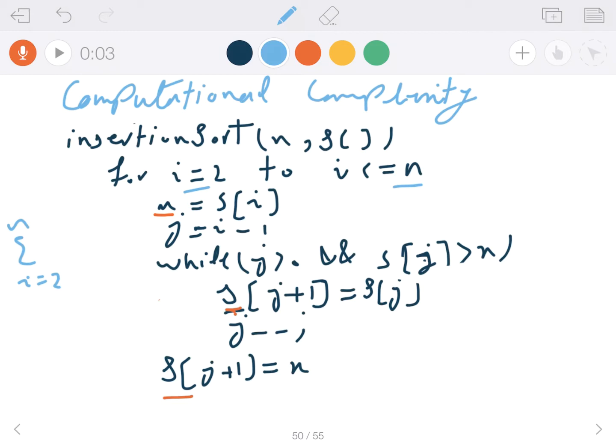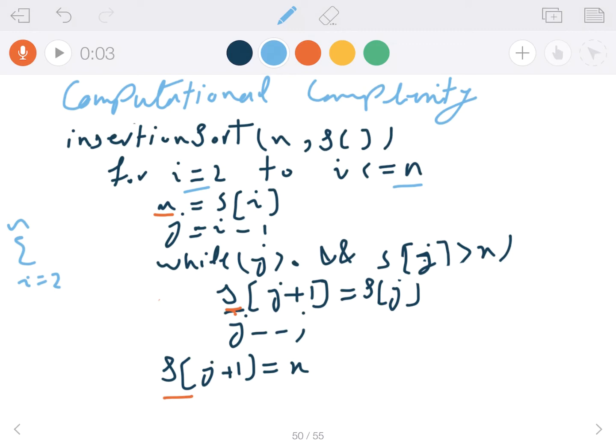We are not using any programming languages here. So i goes to n, and as we said, j starts with i minus 1 and goes up to 0.